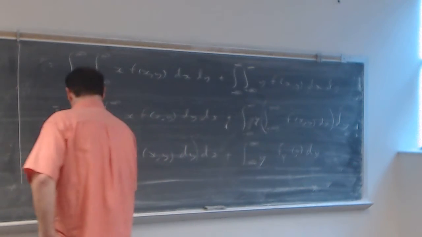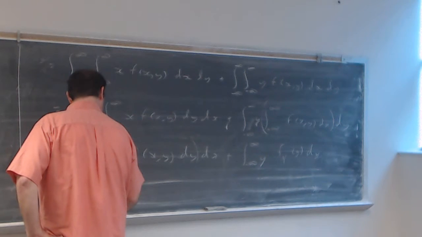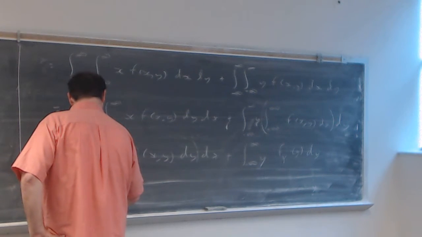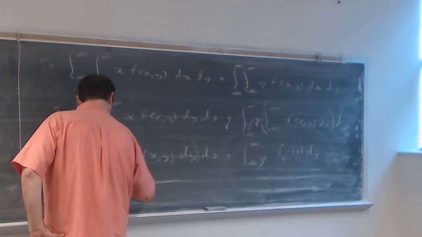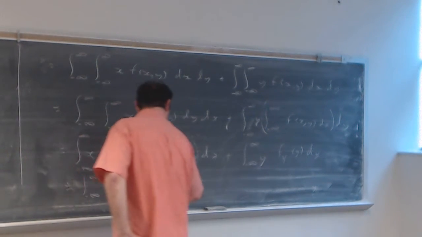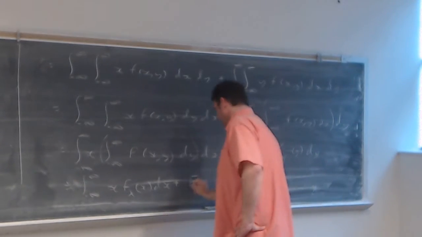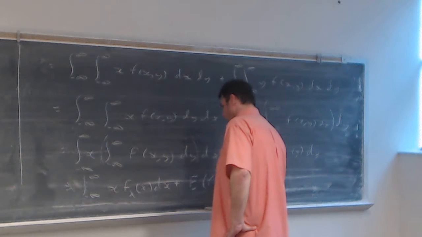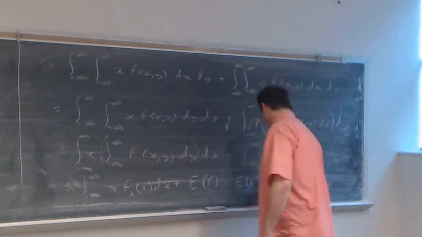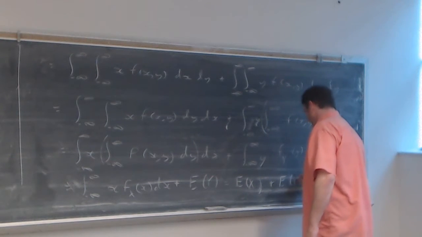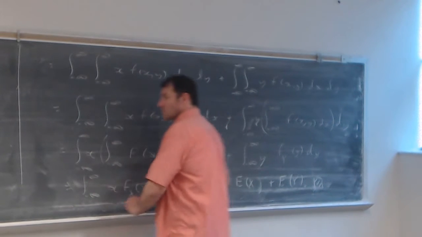Similarly, this is the integral from minus infinity to infinity of x times f of x, not the joint, but the PDF of x, dx, plus what this guy is nothing more than the expected value of y, which equals the first one. The first integral is the expected value of x plus the expected value of y. Okay.